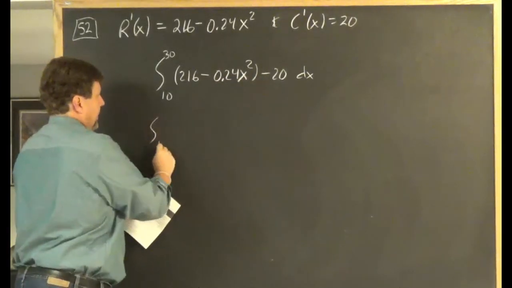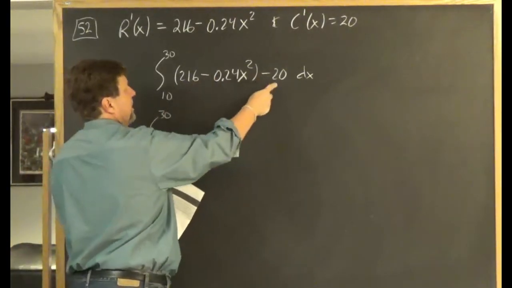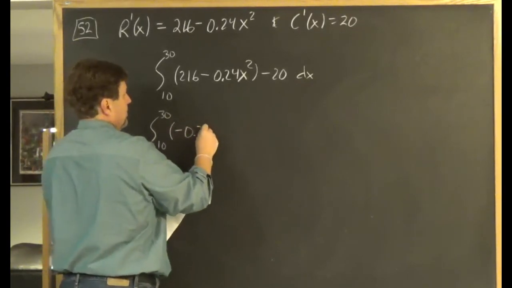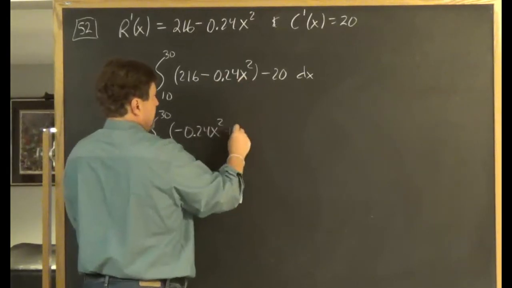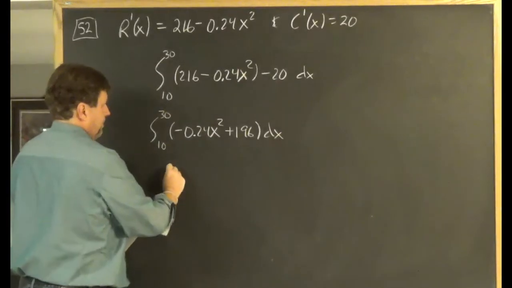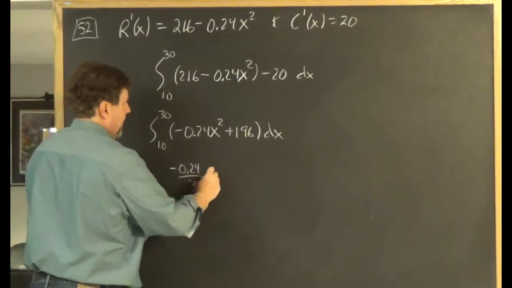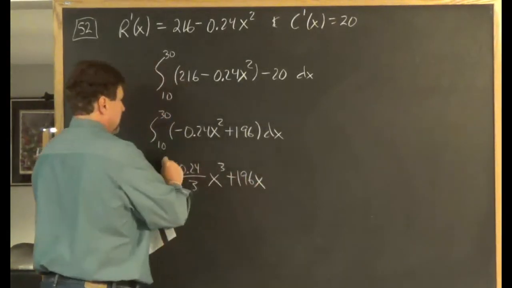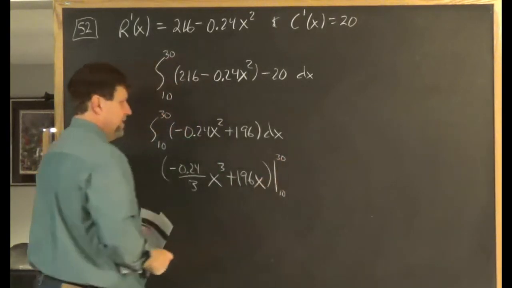And I'd clean this up just a little bit. Let's see, 216 minus 20, that's 196. Get an antiderivative. So it's negative 0.24 over 3 x cubed plus 196x. Evaluate that from 10 to 30.